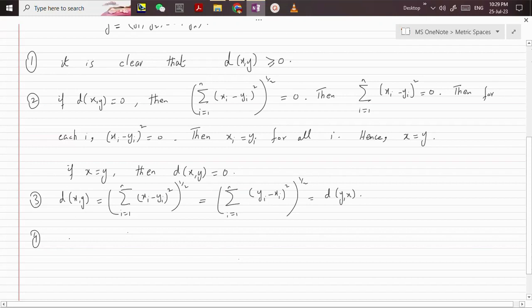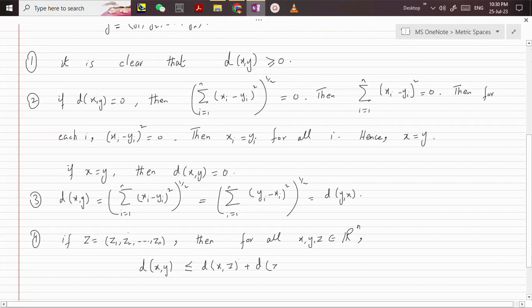If z is equal to z1, z2, up to zn, then for all x, y, z belonging to Rn, we shall show that d of x, y is less than or equal to d of x, z plus d of z, y.